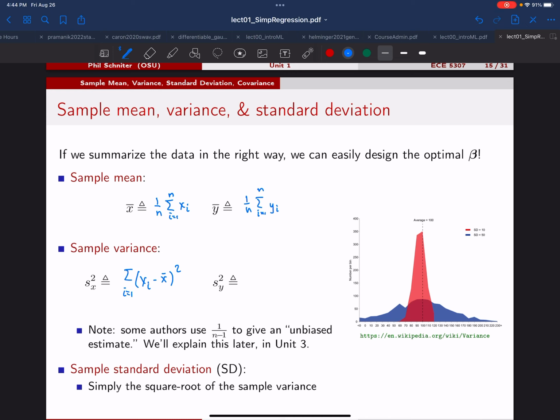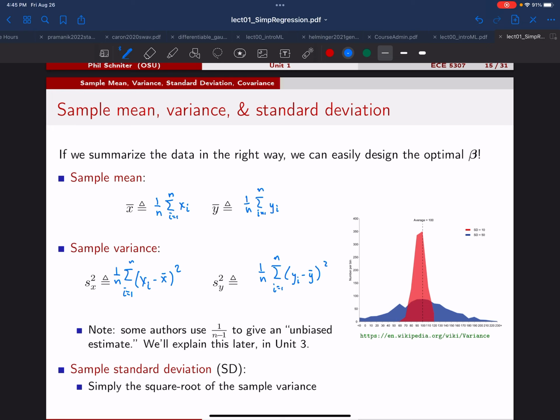So you square it, you sum, and you divide by the number of samples. And of course, we can do the same thing with our target variables, yi minus y bar, square them, add them up, and divide by the number. Okay, so those are the variance. And so the variance tells you, again, the spread around the mean.